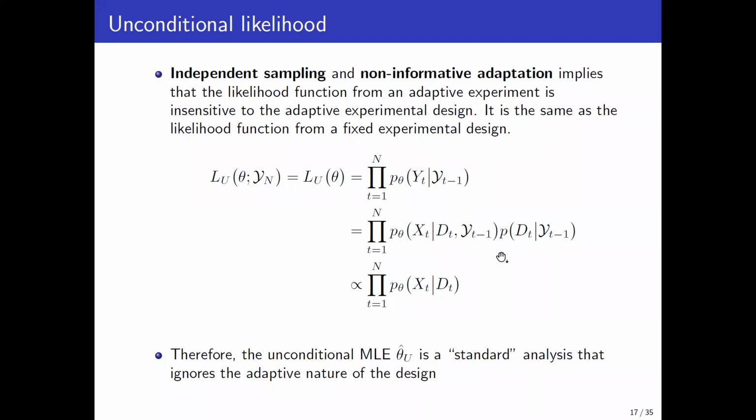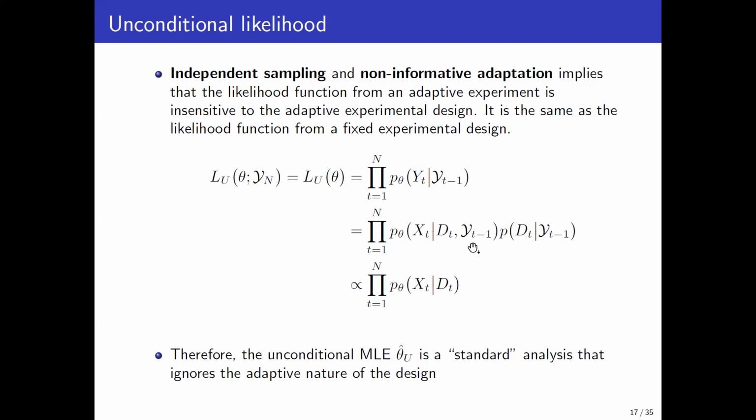And what we see here is that our two assumptions essentially allow us to reduce down to this term here, which is the likelihood function associated with a fixed design where we allocated those design features in a non-adaptive way. And we can see that because this here is the adaptation distribution that I talked about, and non-informative adaptation was the assumption that this doesn't depend on theta. And so that term drops out and the equal sign is replaced by a proportional sign.